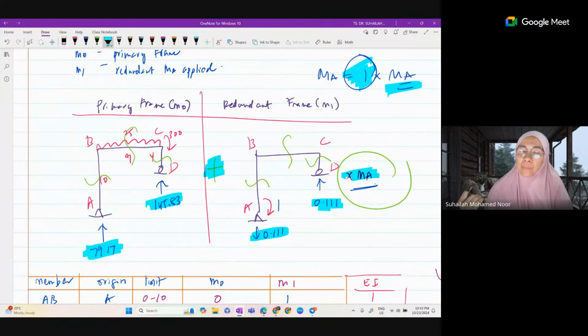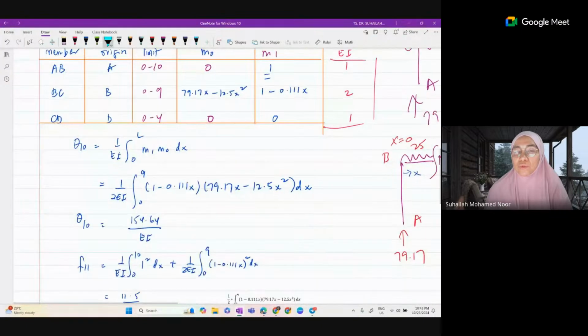Jadi benda tu akan ambil masa banyak lah. So the best way is by using principle of superposition to calculate for the reaction and to calculate for member forces or internal forces.